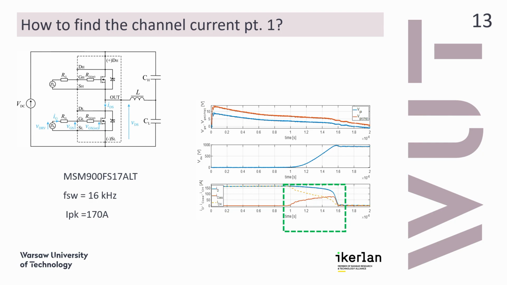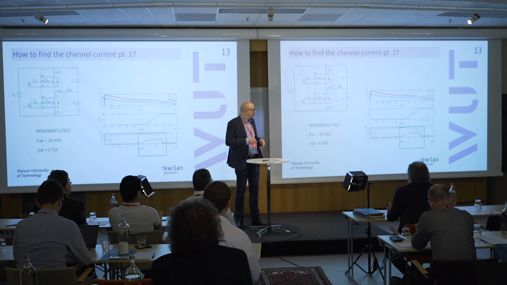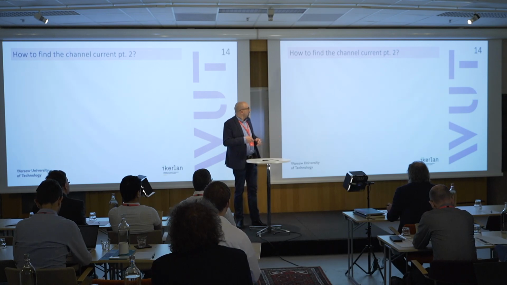You can see gate source and drain source voltage, the blue is the drain current, and the dashed line is the estimated channel current. The red is capacitive current. I would say that with this method we are close to reality. But we've not been that satisfied with this method.